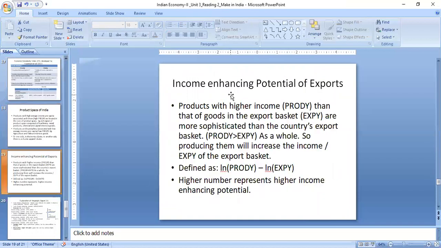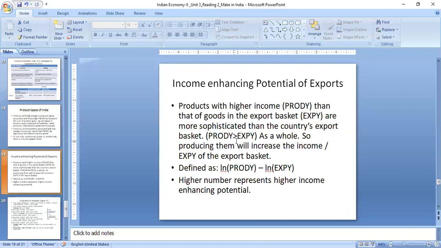Now coming to the next concept of income enhancing potential of exports. How do we measure it? We are going to measure it by the difference between PRODY and EXPY, that is, by comparing the income potential of the product with that of the export basket of the country.